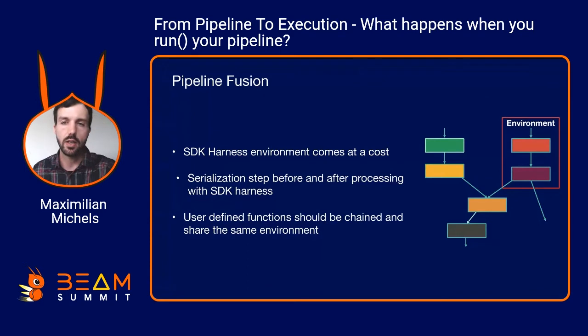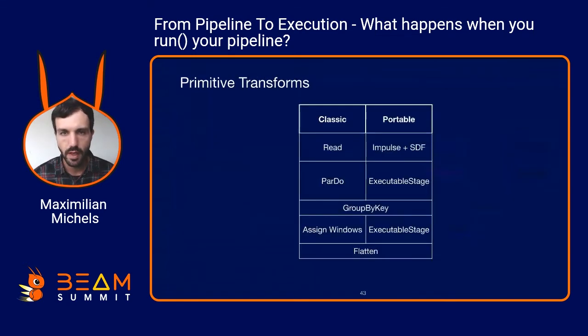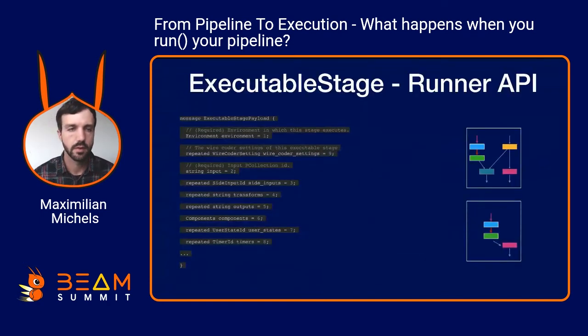So we can include multiple of these functions in the same environment. This is called an executable stage. In an executable stage, we provide the input for a series of fused transforms. That way we optimize and save processing power.